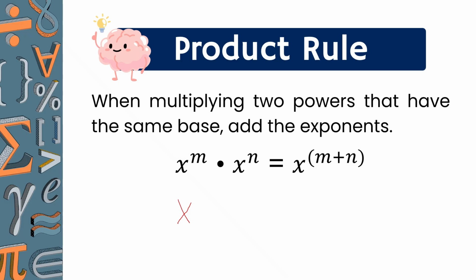So our exponents are m and n, so we will just add them. x raised to m plus n is equal to x raised to m plus n. Remember, when multiplying two powers that have the same base, copy the base and add the exponents.